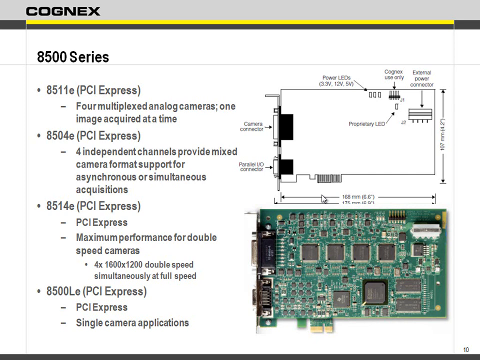So it looks like all these that they're quoting out here are the Express versions of them. But we also offer this 8500LP, which was just a low-cost version for people who needed a single frame grabber, only one camera, and just needed a low cost. This tended to be more Southeast Asia, because they just wanted something simple and keep it going.